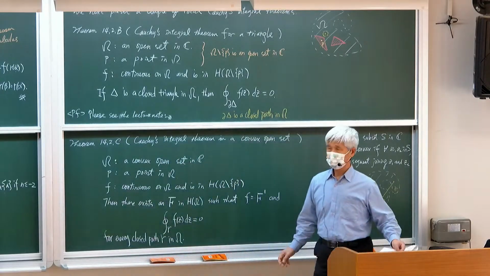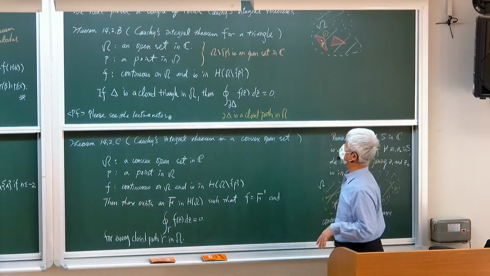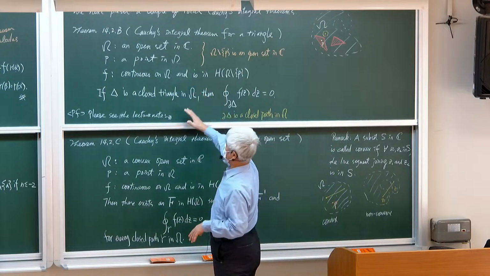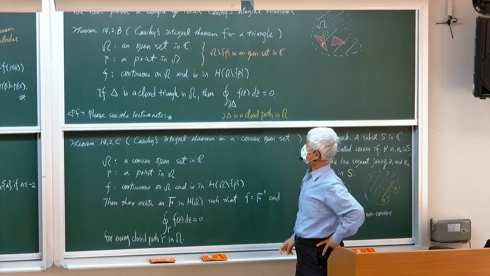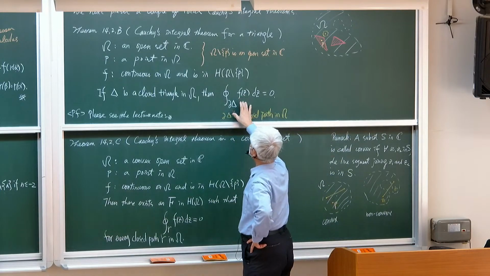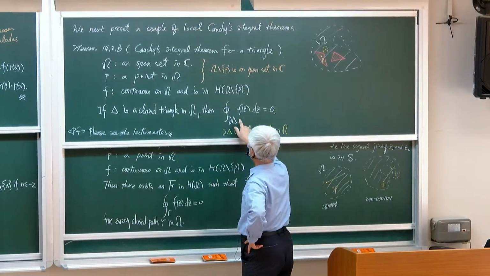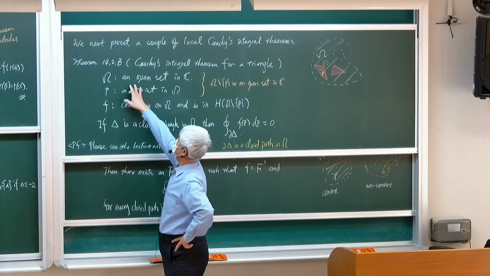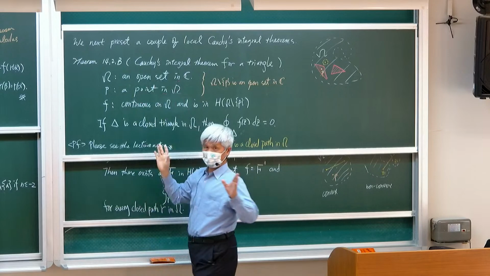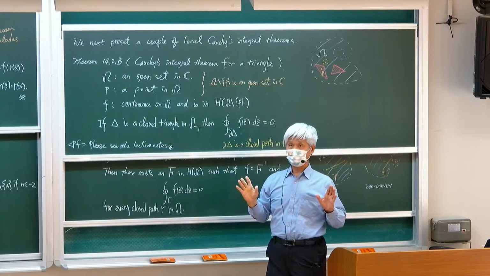So now you look at the difference between these two local Cauchy's integral theorems. In here, omega is an arbitrary open set, not necessarily convex.